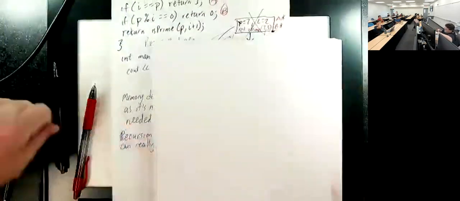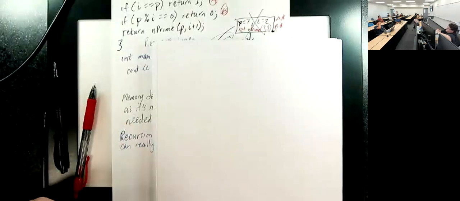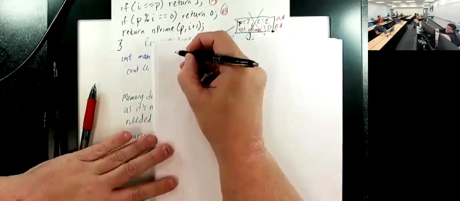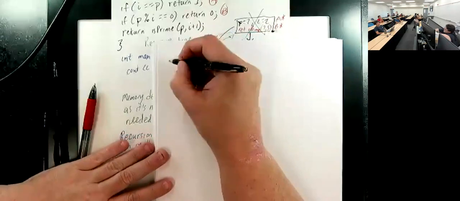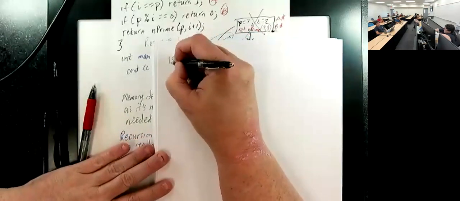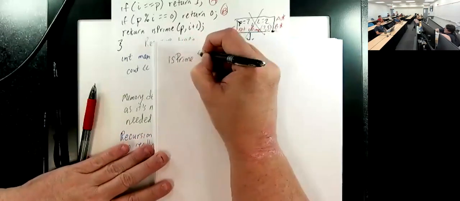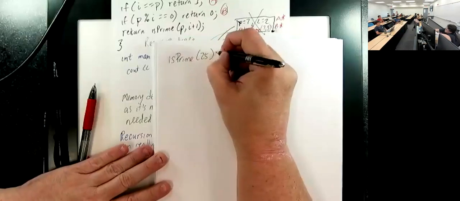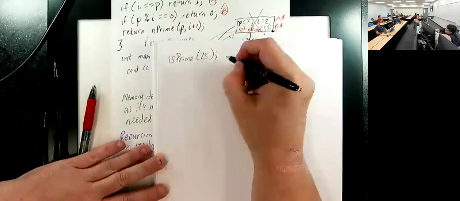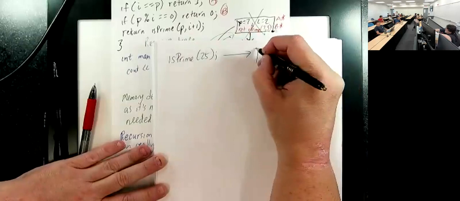So we're going to walk through a recursive trace for 25. This is an old pen, does it still work? So we have is prime 25 in main, and it sends a function over to memory.